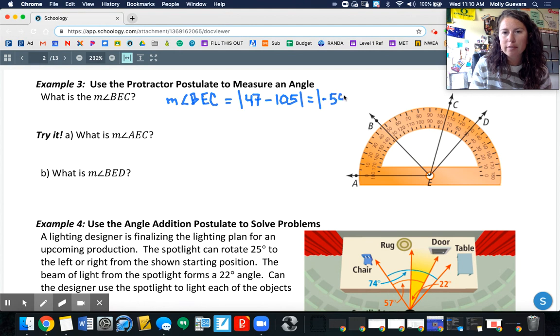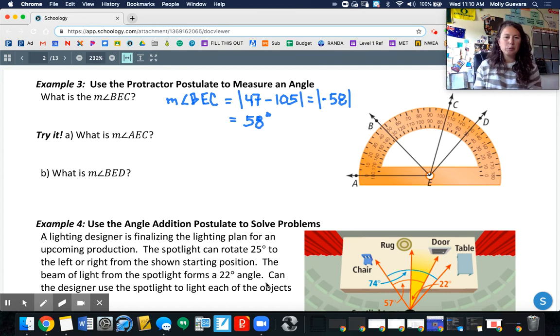So 47 minus 105 is negative 58. And then when I take the absolute value, I get a positive 58. So 58. And then what is the unit of measure for this? It should be degrees because we're talking about angles. We do a little degree symbol.